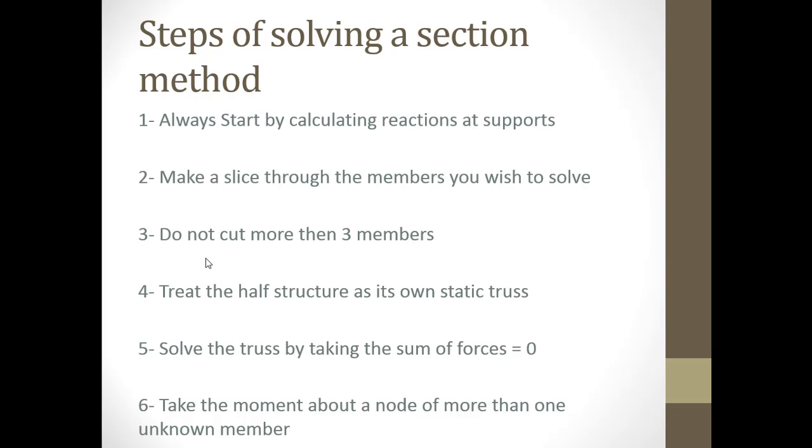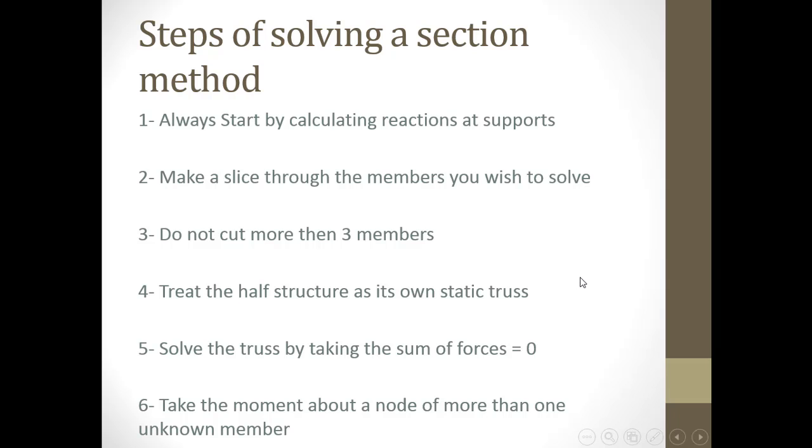There are steps for solving with the section method. First of all, always start by calculating the reactions at the supports. Second, make a slice through the member you wish to solve. Third, do not cut more than 3 members, because in the problem we have just three equations, so you can't cut more than 3 members.